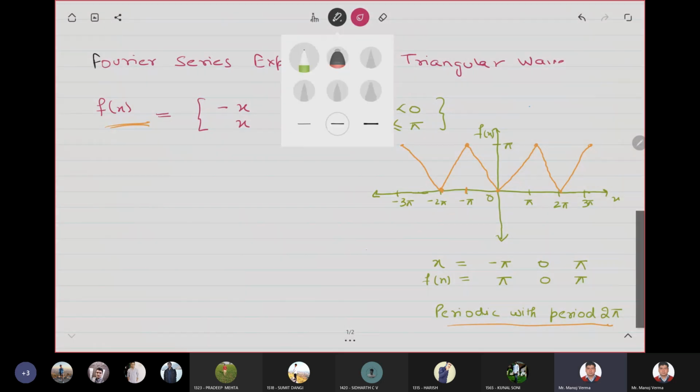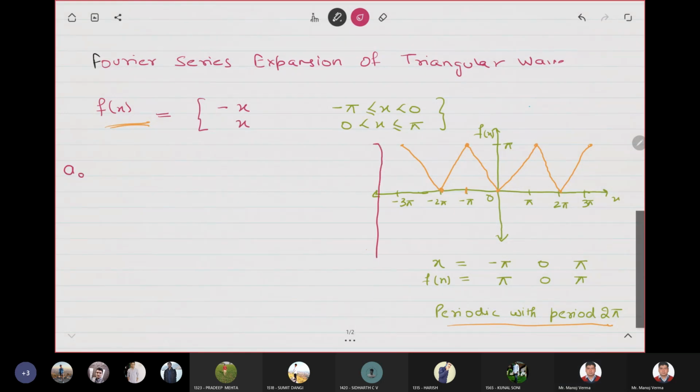So let's try the first coefficient a0. In this case, a0 will be given by 1 over pi, integral from minus pi to pi of f(x) dx.